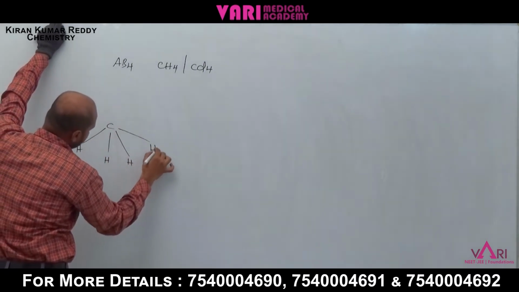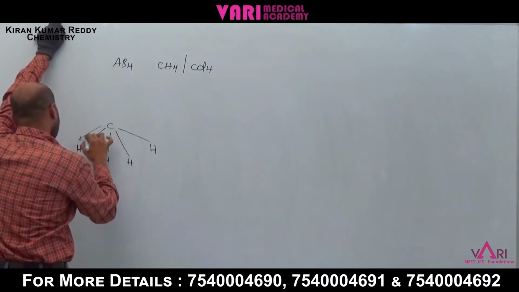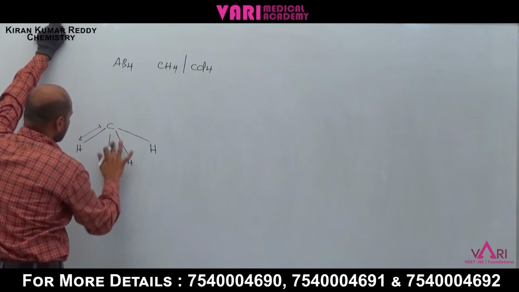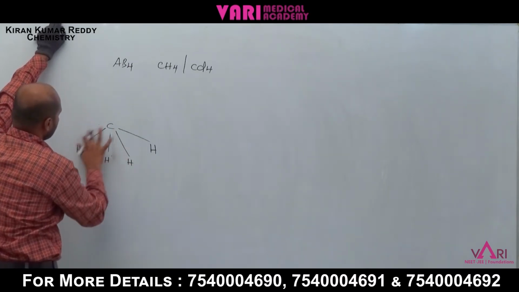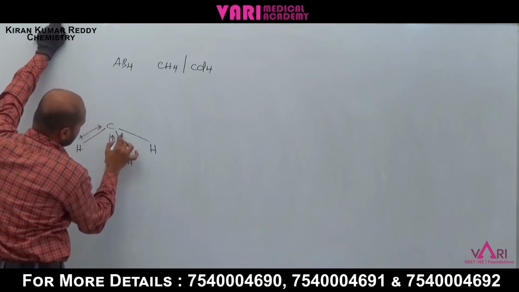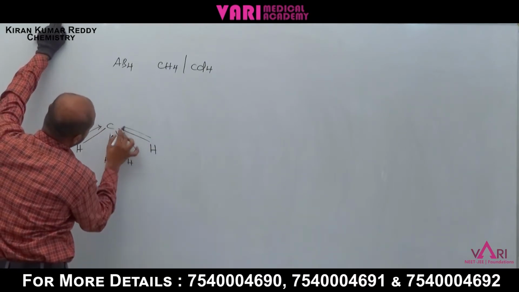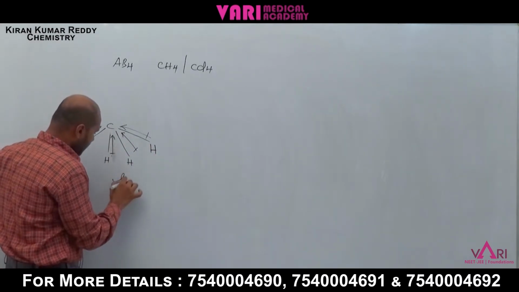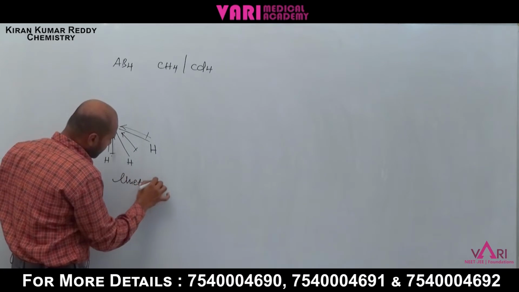This is the tetrahedral. The dipole moment is one side only, na? Tetrahedral. Now this one, and less electronegative to more electronegative. Like this also we can write it. Now mu net is equal to 0.